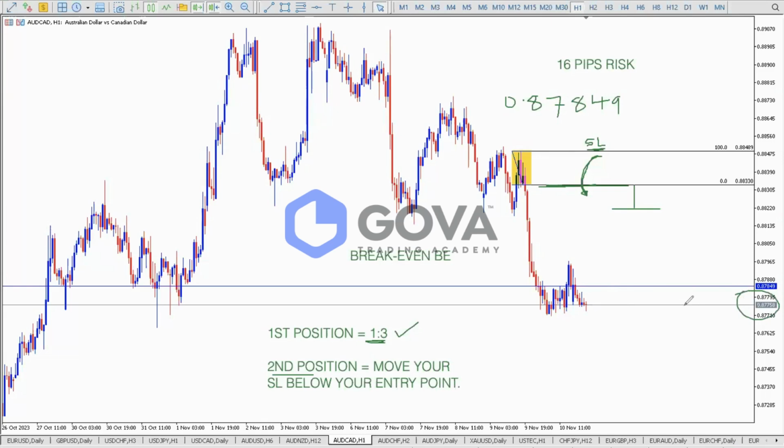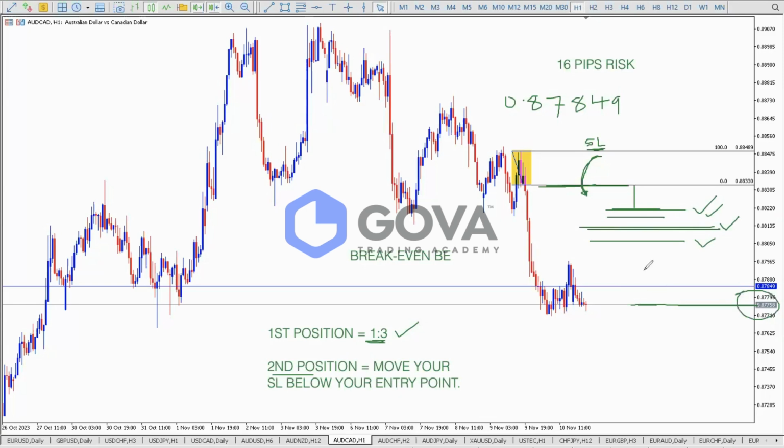Let's say, for example, this is where the current price is. Then you can move your stop loss around this area. Your stop loss can be here, it is good. Your stop loss can be here, it is also good.